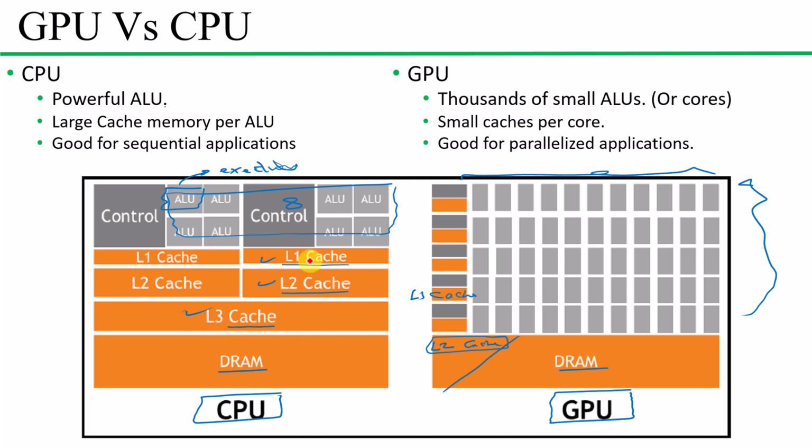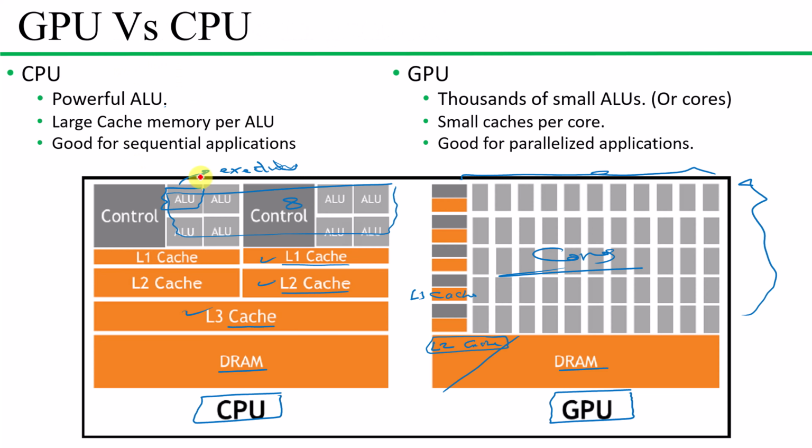Given these similarities, that we have DRAM in both of them, we have different cache levels in both, we have also ALU in the CPU and a core in the GPU, one might wonder about their differences and the reason that most systems require both CPUs and GPUs. To address this, let's examine the ALU.